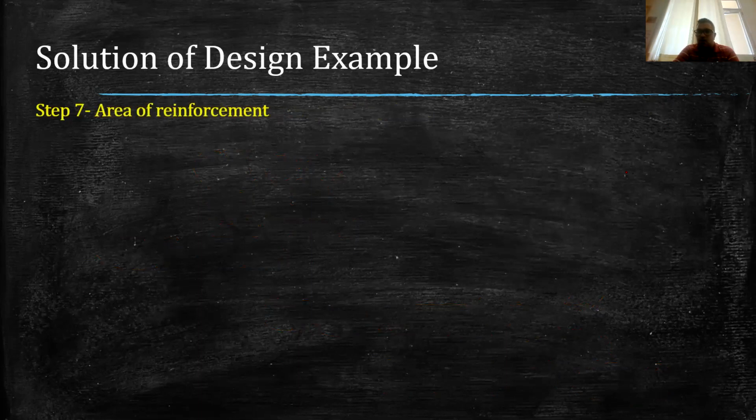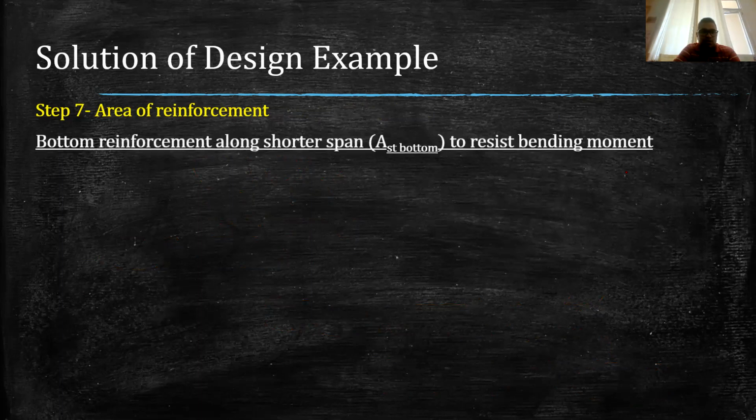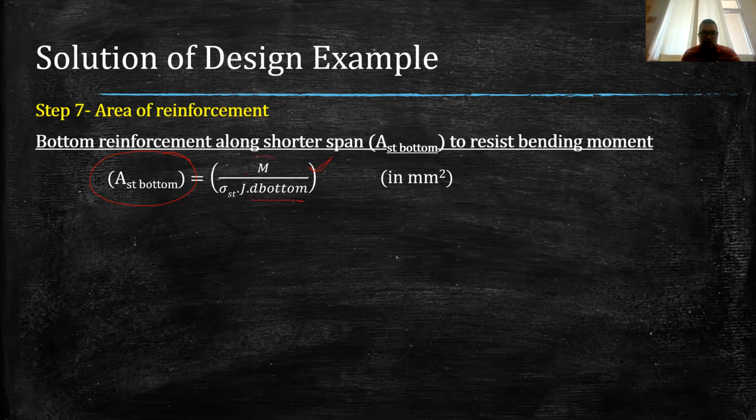So our next step now is reinforcement area. Reinforcement area will be calculated by the formula M upon sigma st into j into d. Because we are calculating area of steel for the bottom reinforcement, we use d bottom, and because M is the same for both sides, we keep the same value.